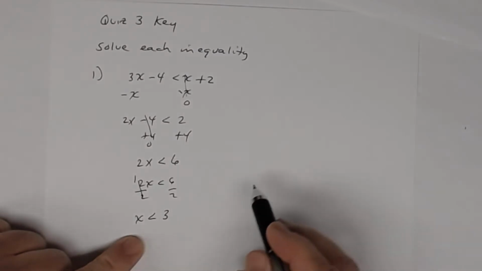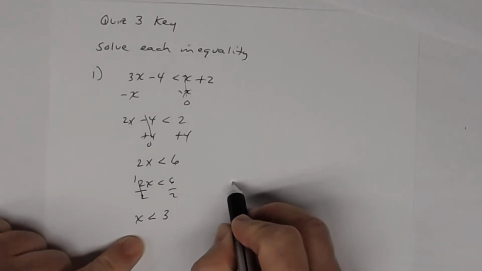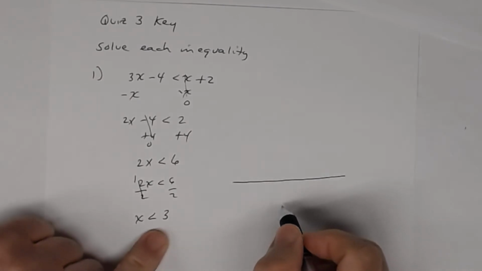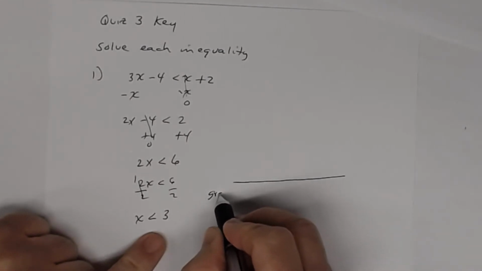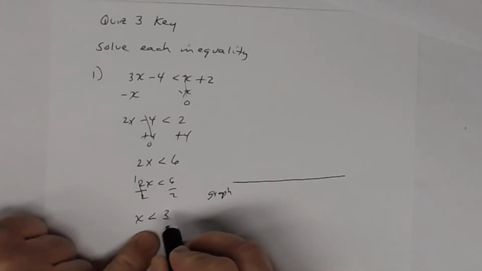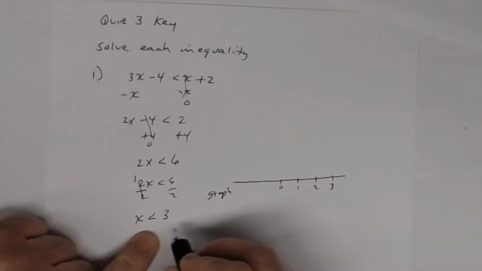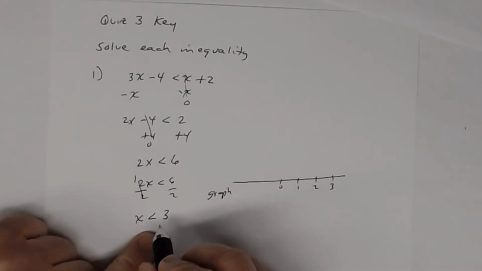You are asked to also graph the solution set. Since there's an infinite number of solutions, usually you're going to be asked to graph the solution. So if I look at the graph, and let's say this is 0, 1, 2, 3. Since there's no equal sign, that means that 3 is not a solution, but any number less than 3 is a solution.